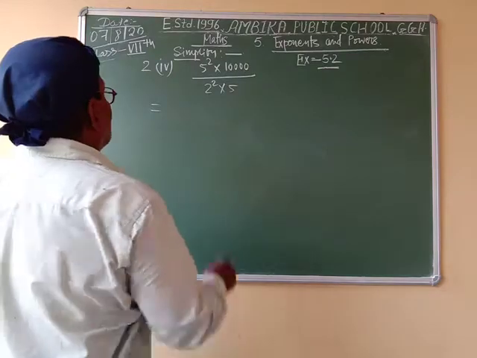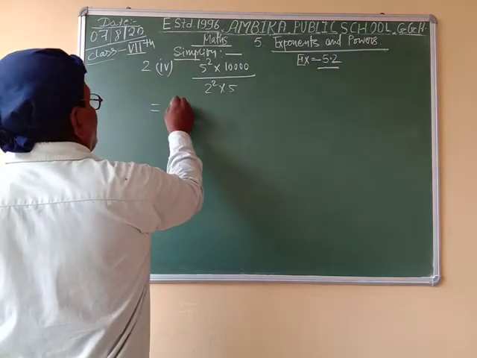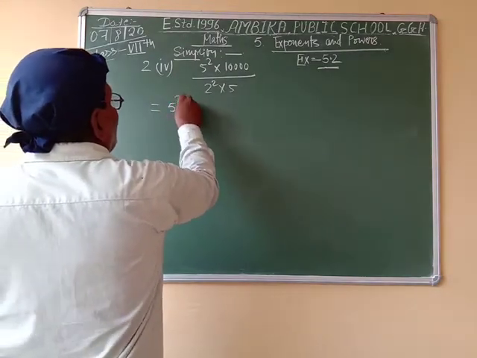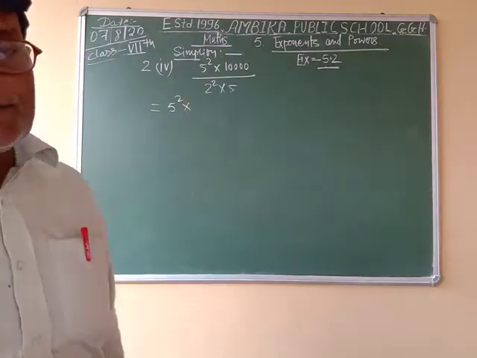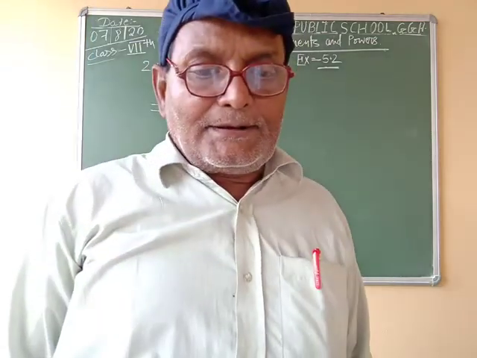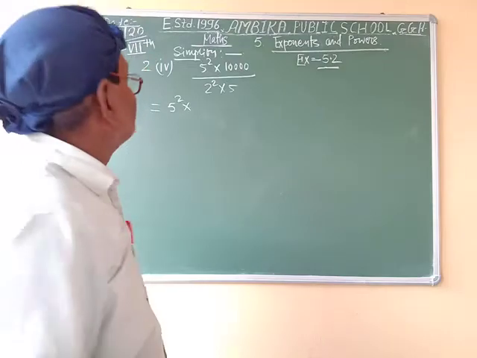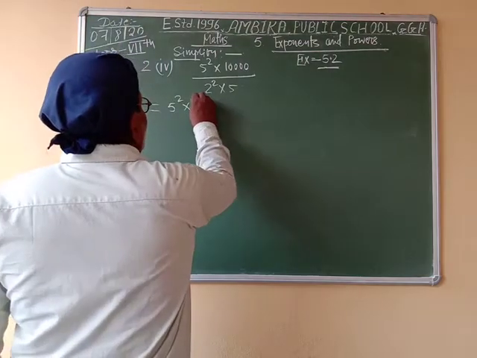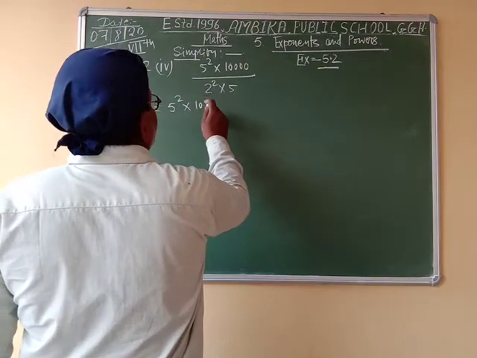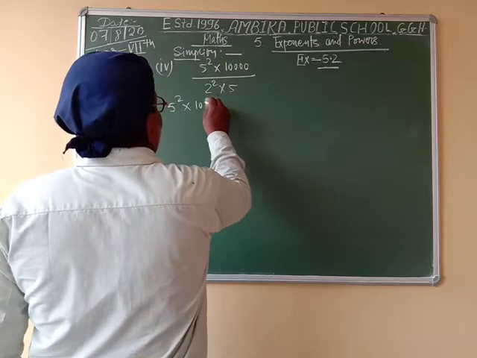Factorizing in product of prime factors, 5 square into 10,000 is 10 into 10 into 10 into 10.